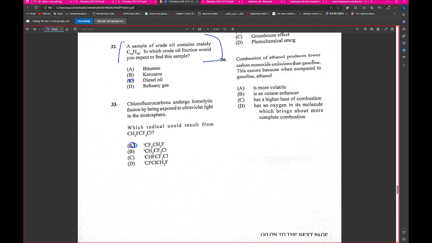The combustion of ethanol produces lower carbon monoxide emissions than gasoline. This occurs because when compared to gasoline, ethanol has an oxygen in its molecule, which brings about more complete combustion. Sure? I was thinking D as in dog.